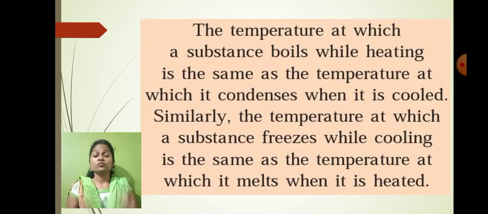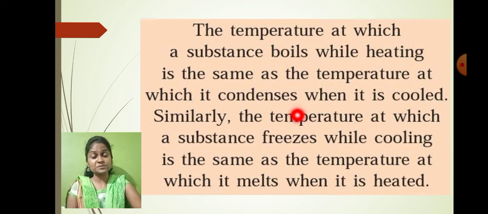So what have we learned today? We have learned that the temperature at which a substance boils while heating is the same as the temperature at which it condenses when it is cooled down. So we can say that the boiling point and the condensation point of any substance are one and the same.